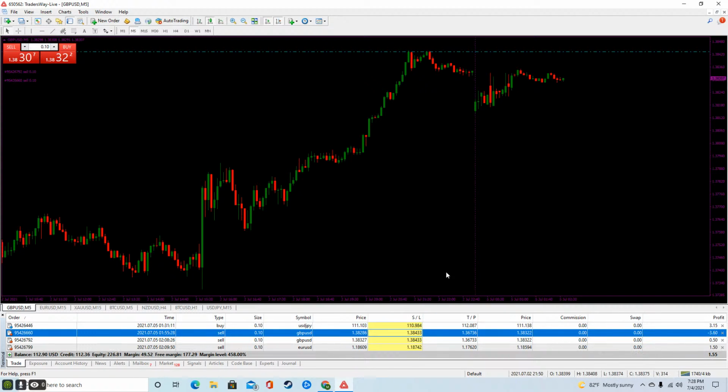We got to make sure we have close stop losses. I'm trying to keep these as minimal as possible so I don't get killed. Man, it's back at $4. Come on, GBP.